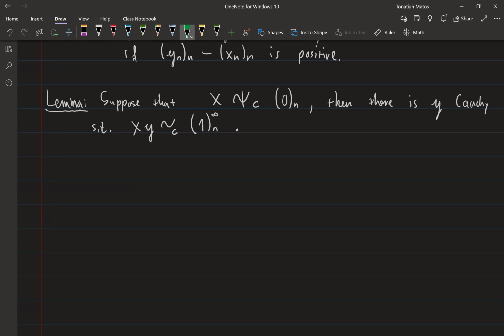So we can read this. So this means that as real numbers, y is the inverse of x. But of course, not right now, we are not talking about real numbers yet. We have to prove this in the context of Cauchy sequences.